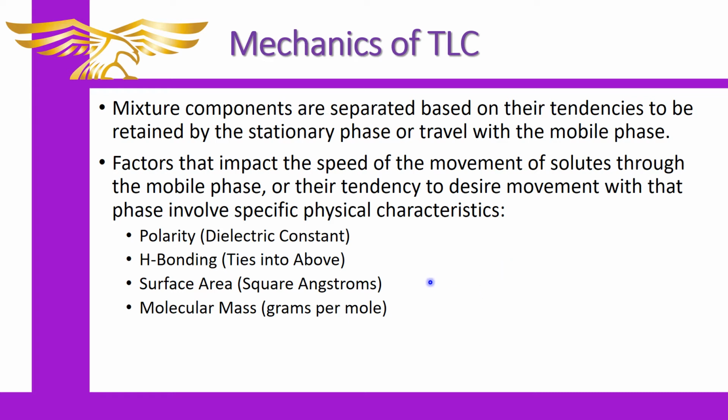And so the longer a chain is, the more van der Waals interactions you can have. In some ways, molecular mass is tied into this because there is a correlation between surface area and molecular mass for isomers of the same class. So for instance, let's say we were observing the difference between n-propane and n-octane.